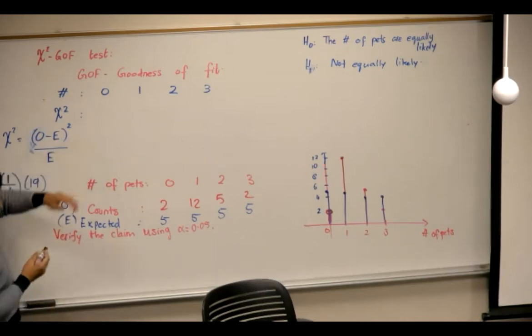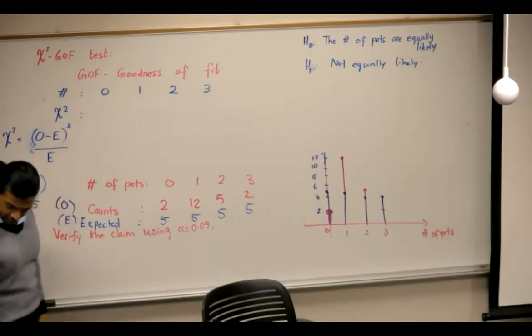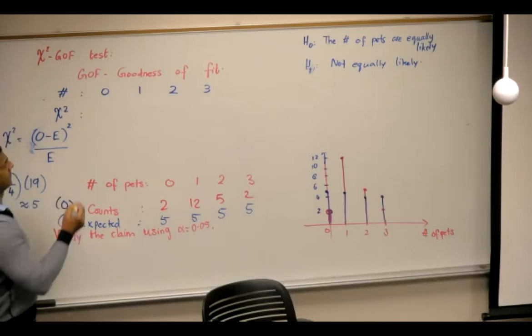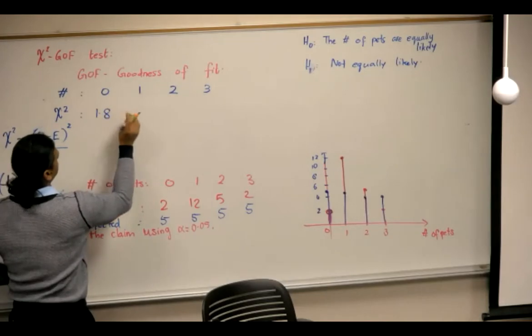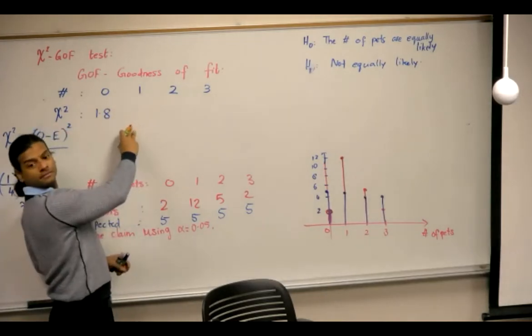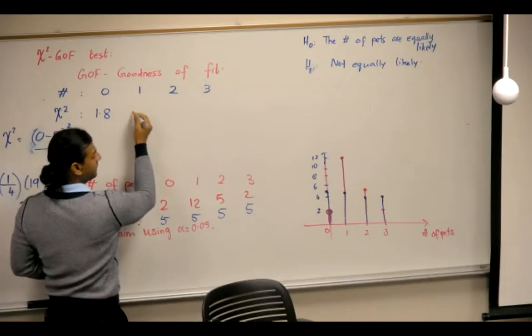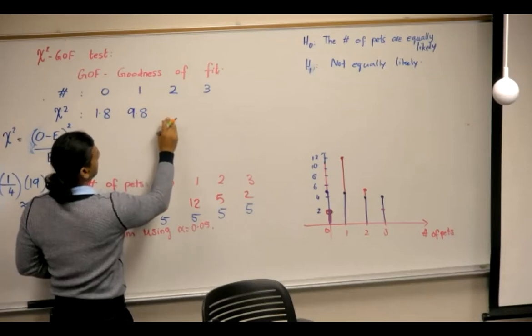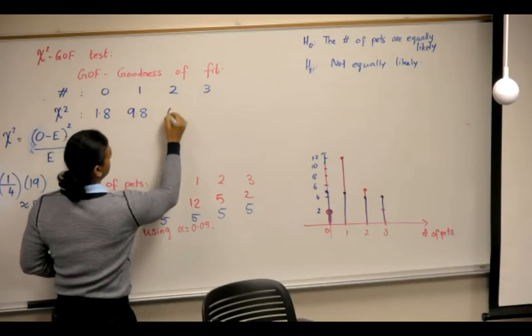What is the chi-squared for 0? 1.8. 9.8. Then 0.